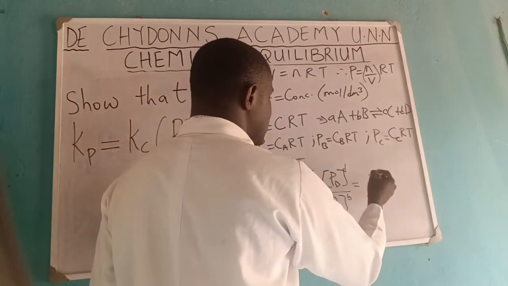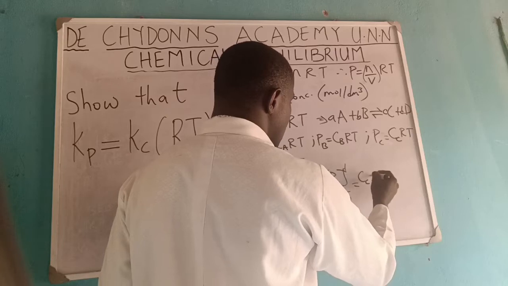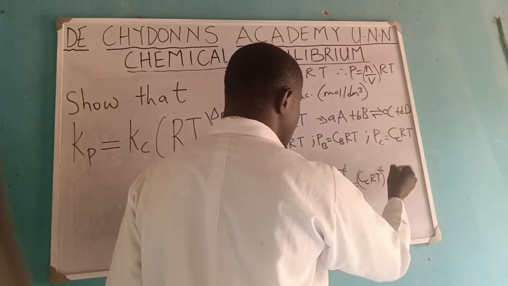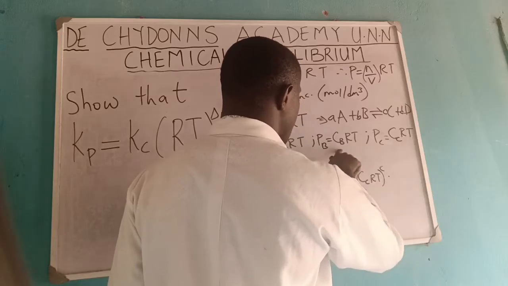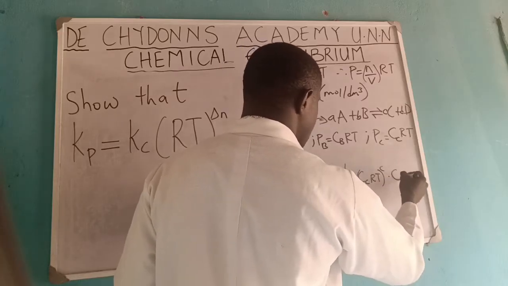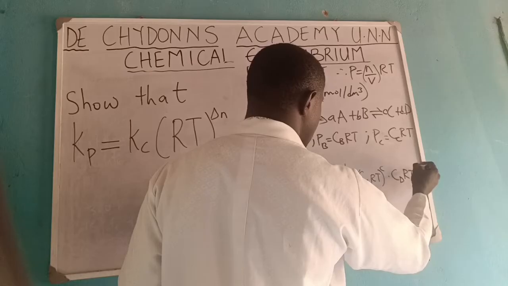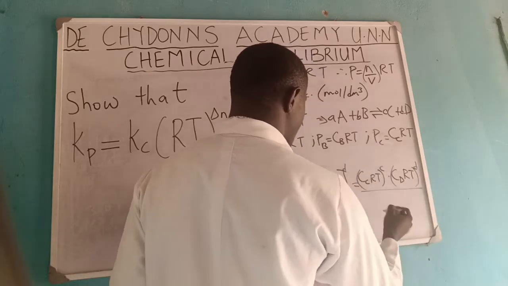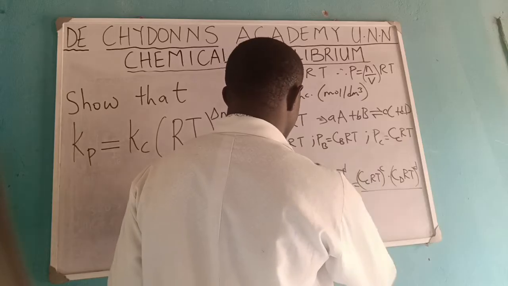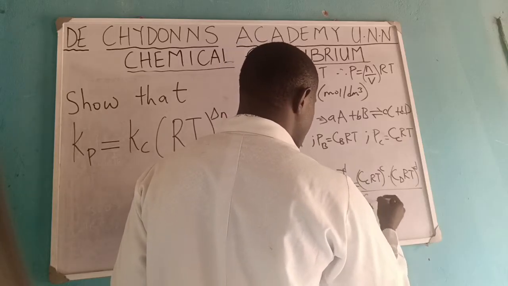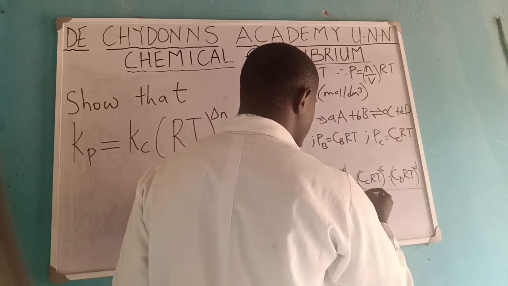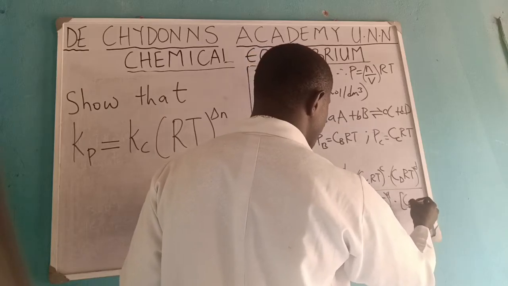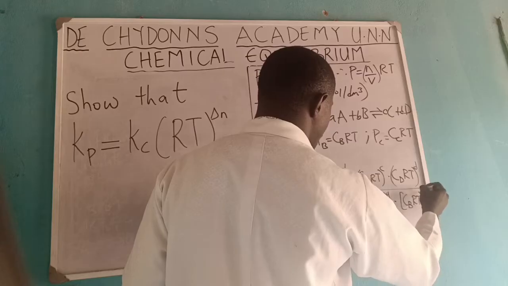Now, what is our PC? Our PC is equal to CCRT raised to power of c times CDRT raised to power of d, all over CART raised to power of a times CBRT raised to power of b.